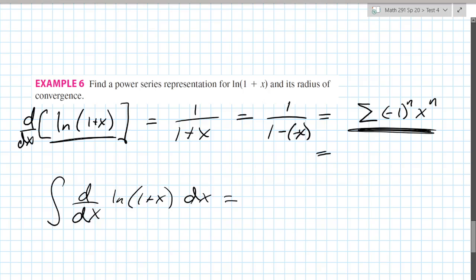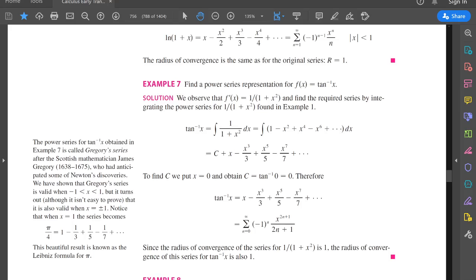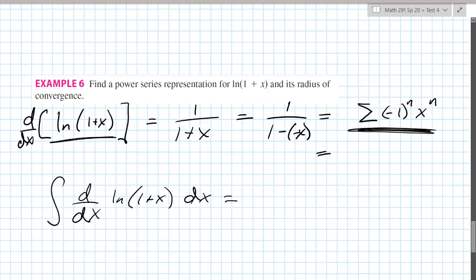It would probably be helpful if we write out the terms. So the terms were 1, negative x, positive x squared, negative x cubed, and so on. Right? That's alternating.